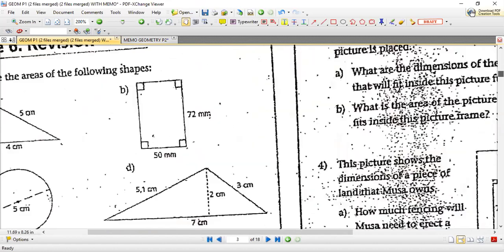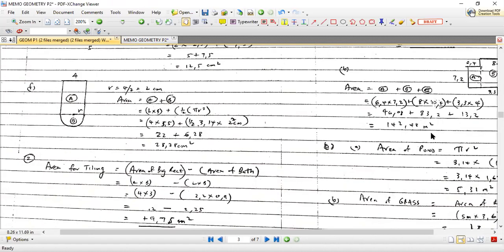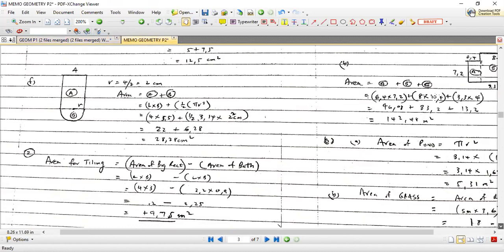Now this is similar to this example because the shaded part is what we need to calculate. So if we calculate the area of the entire bathroom and subtract the area of the bath, that would leave us just with the shaded area or the area that needs to be tiled. So how does that look in terms of our calculations?